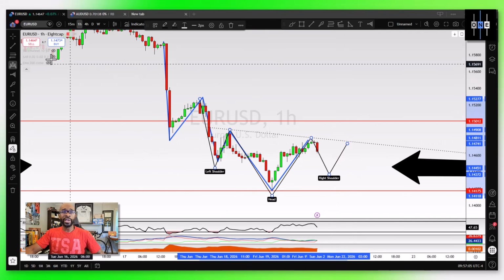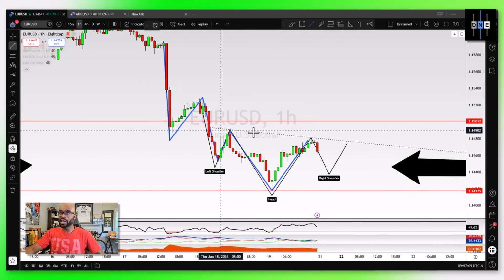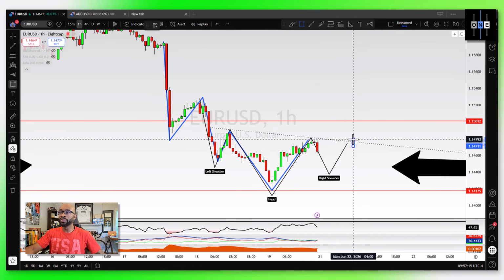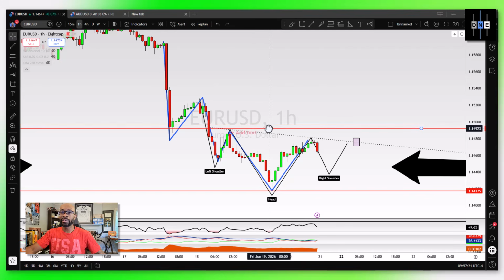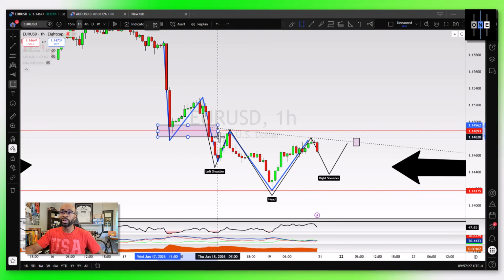Now, there are two ways to look at head and shoulders as far as the validation point. You can connect the dots, the highs of the neck right here, and if price action violates that level, you have a nice little head and shoulders completion. Or you can take a horizontal line, which I like to do right here. I like this one particularly because it's an ice zone, a previous level of support and a previous level of resistance right there.